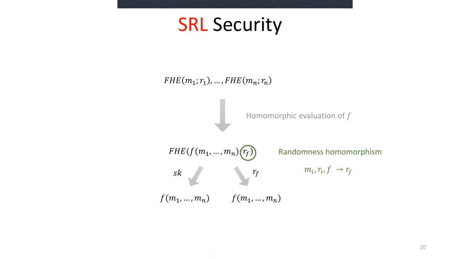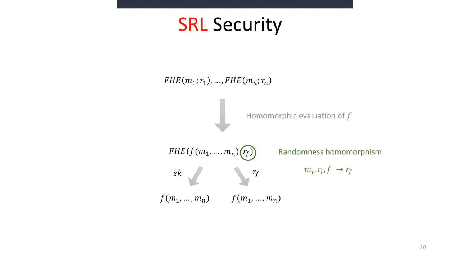And we additionally assume an extra property, which is called randomness homomorphism for the FHE, which basically says, first, you can compute this R sub f deterministically and efficiently from the original message, the original randomness, and the function f. And second, given this evaluated ciphertext and the evaluated randomness R sub f, it's possible to recover f of m.